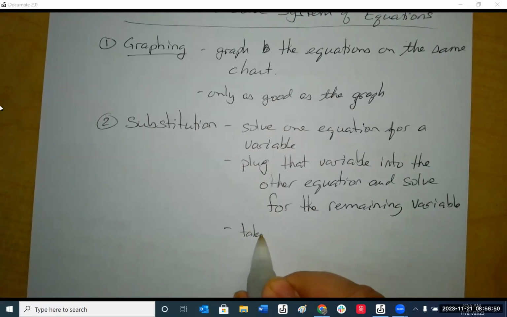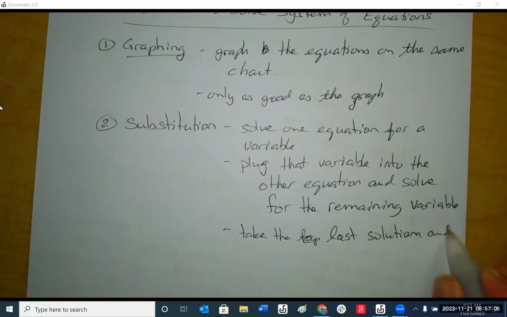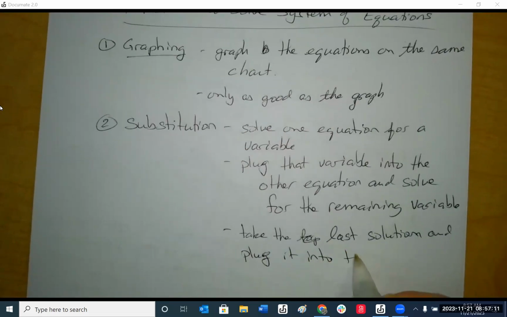Then take the last solution and plug it into the first step equation.